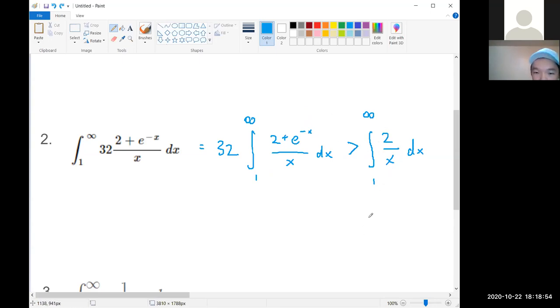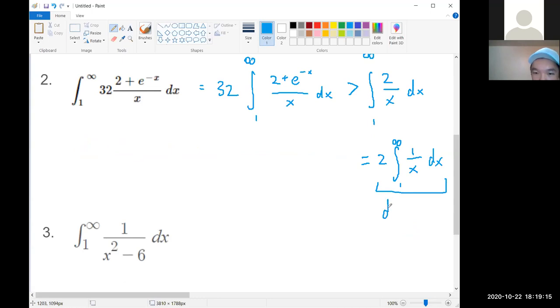2 over x, you can basically write that as 2 times the integral of 1 over x, right? So what do we know about this integral here? We recognize that. It diverges? Yeah, right, 1 over x diverges.